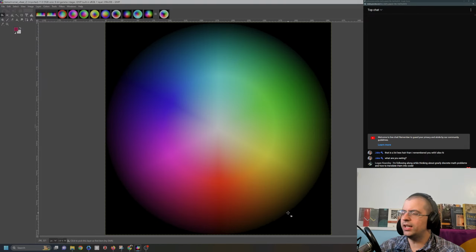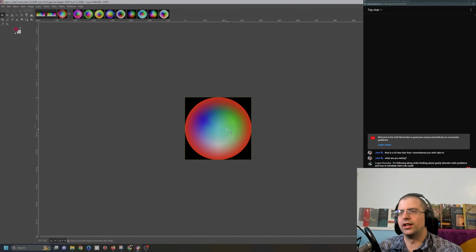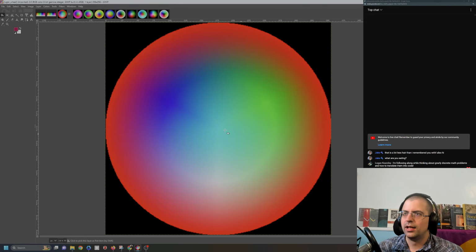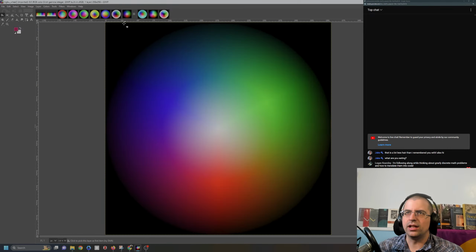Logan, I have no idea why you chose to give these to me in WebP, but we're dealing with that. But you can actually center on any color. Like this one is centered on cyan, and you have UV and anti-UV here.